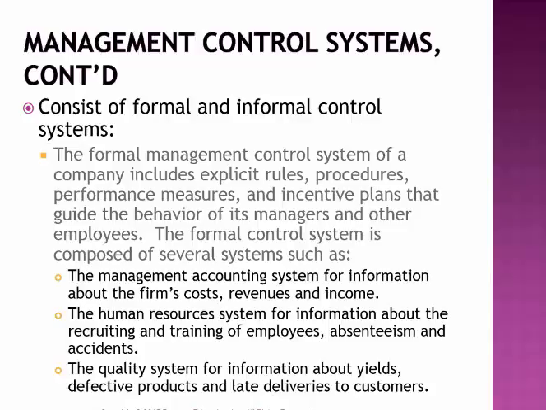The formal control system is composed of several systems. The management accounting system for information about the firm's costs, their revenues, and their incomes. We're capturing all that financial information. We will also hopefully have a really good system, either completely integrated in with our financial system or possibly run on a separate software or system for HR. I briefly talked about this in one of our prior chapters.